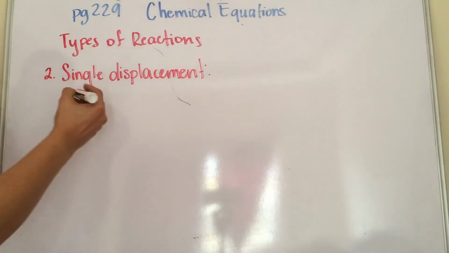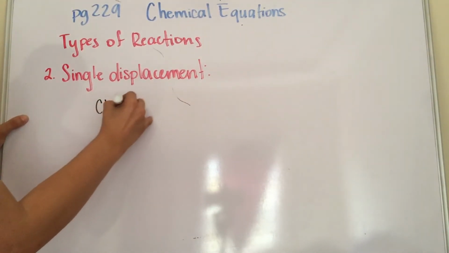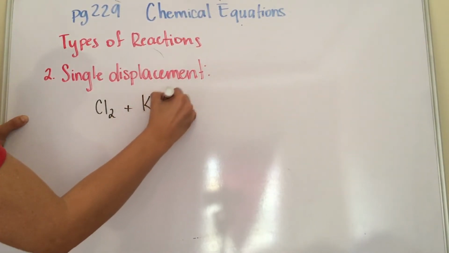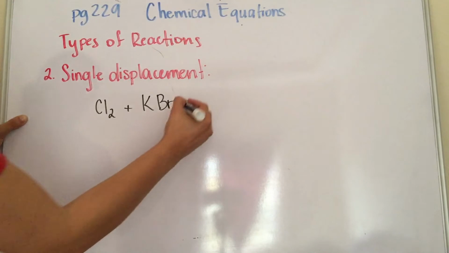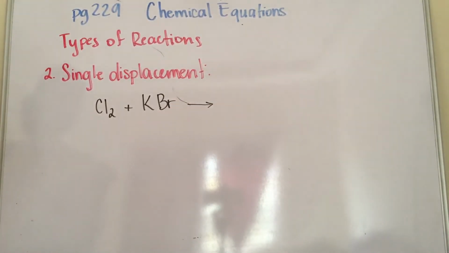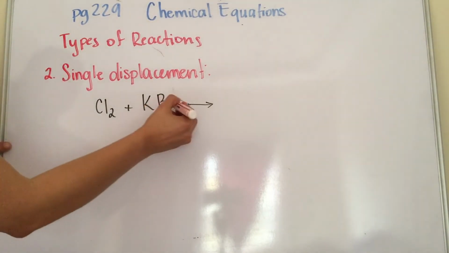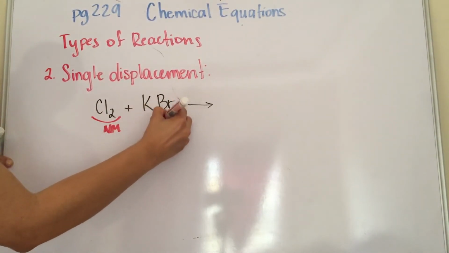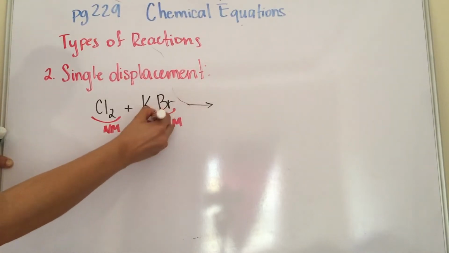For example, we can have chlorine as a molecule plus potassium bromide. What's it going to produce? Chlorine is a nonmetal and bromine is a nonmetal, so I'm going to switch them.